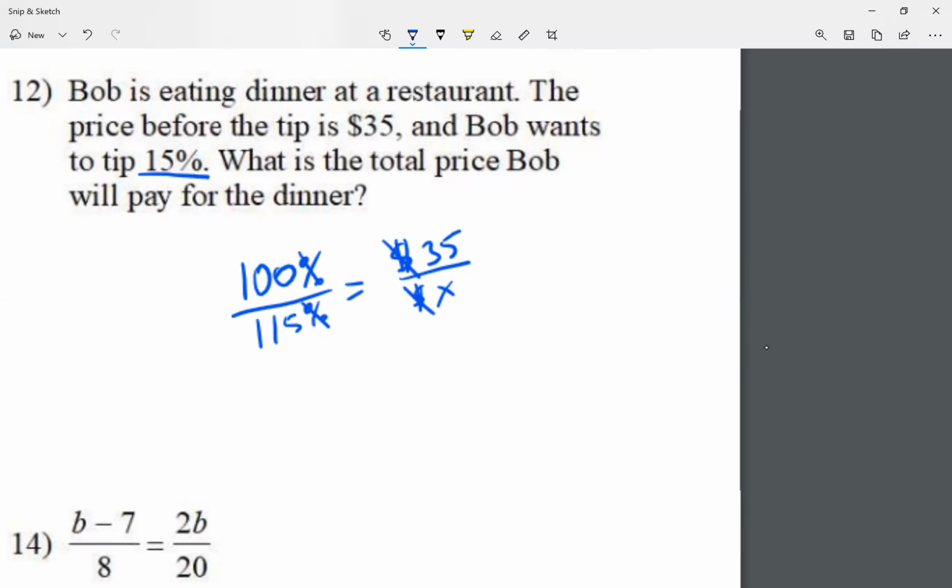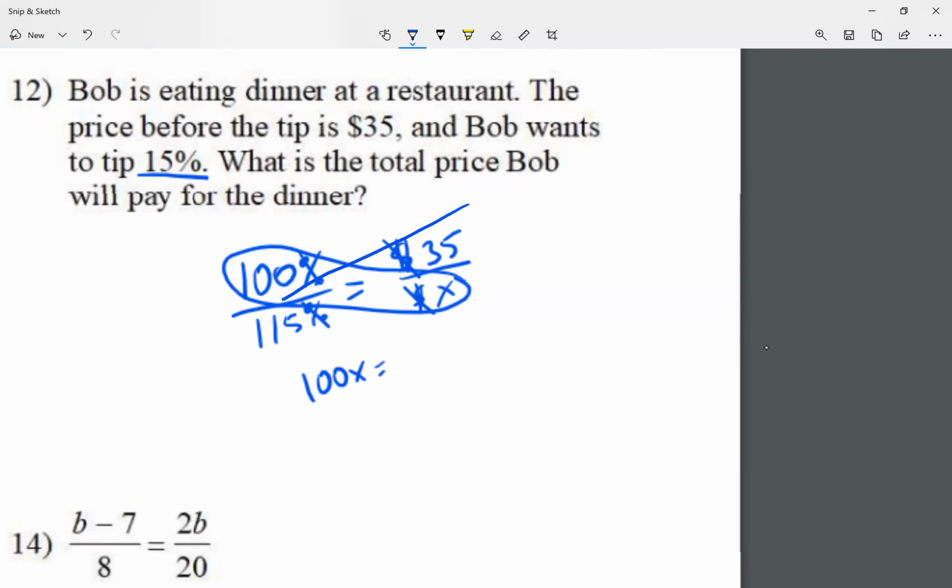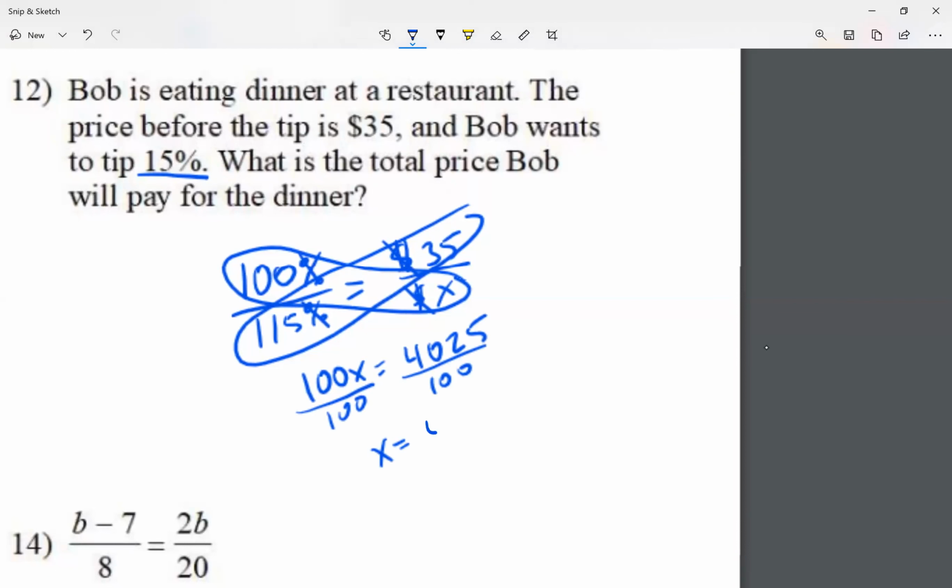The dollar symbols cancel out. 100 times X is 100X. 115 times 35 is 4,025. Let me divide by 100. And I get X is equal to 40.25. Okay. So he's going to pay $40 and 25 cents.